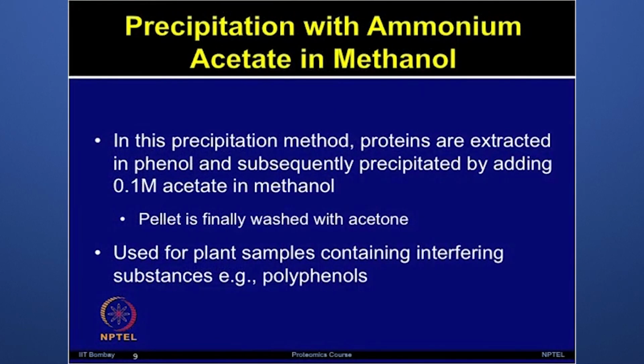By using this precipitation, proteins are extracted in phenol and subsequently precipitated by addition of 0.1 molar ammonium acetate in methanol. The pellet can be finally washed by adding acetone. As I mentioned, this is a less commonly used method, and for some specific applications, people try different types of precipitation and washing steps.